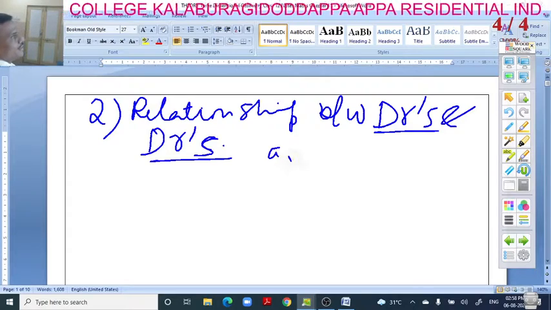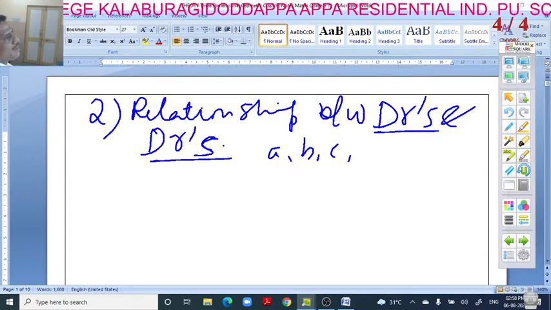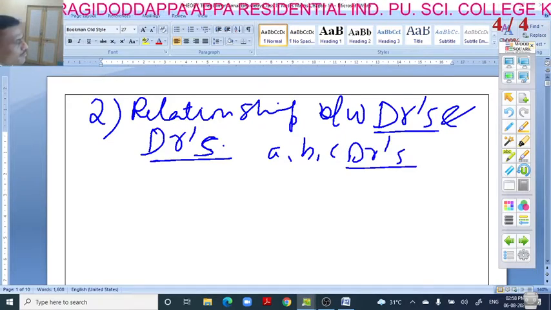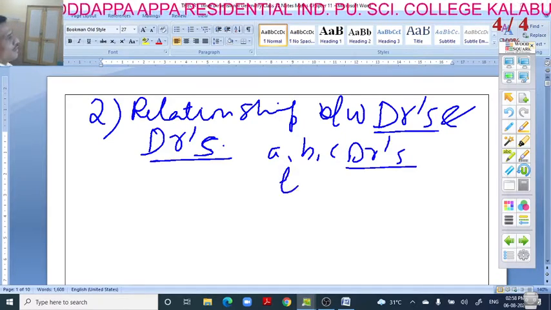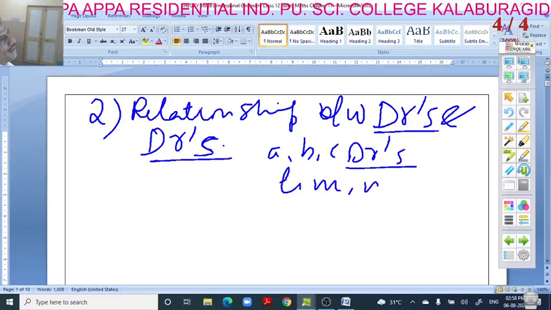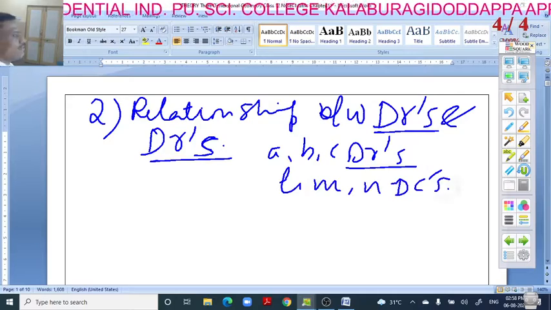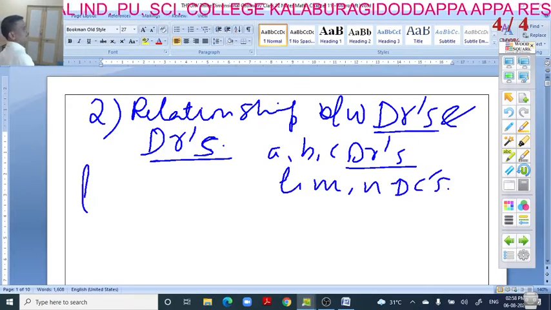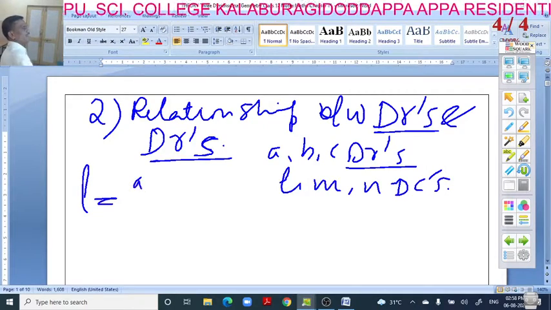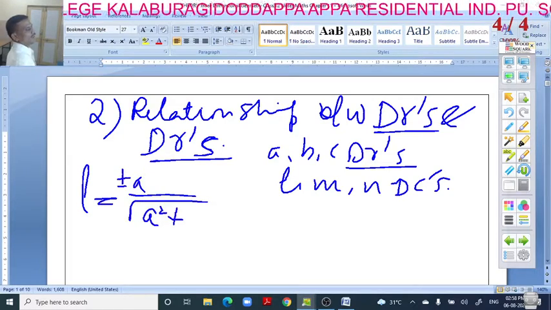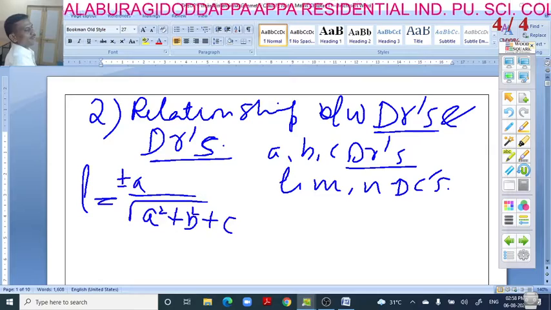If you consider a, b, c as the direction ratios, and l, m, n represent the direction cosines, then there is a relation you can calculate. l is equal to plus or minus a divided by square root of a square plus b square plus c square.